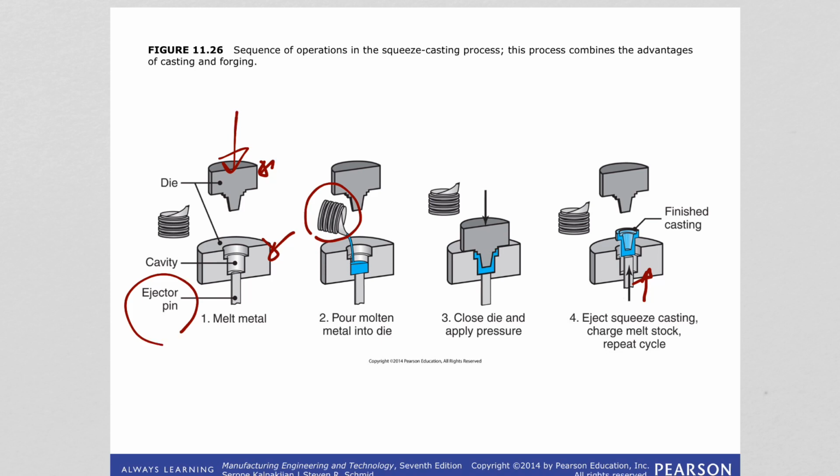This technique results in a fine microstructure because there is more contact of the die with the metal, and this of course removes the heat more rapidly. And remember, when the heat is removed more rapidly, you end up getting a fine microstructure and therefore good mechanical properties.